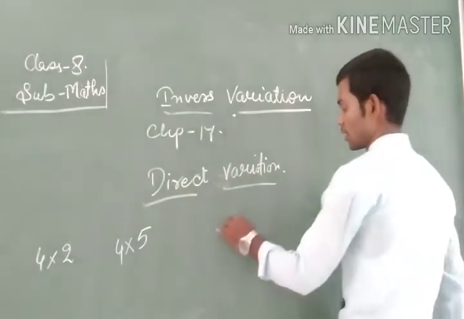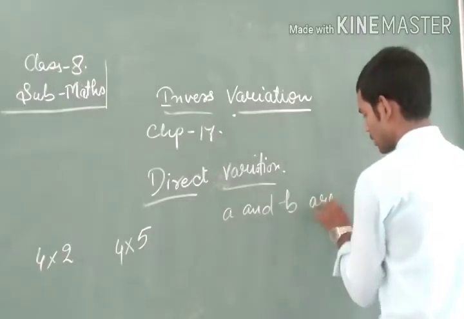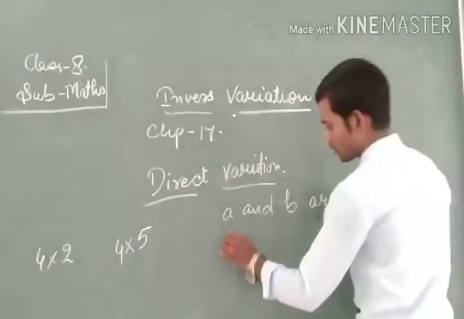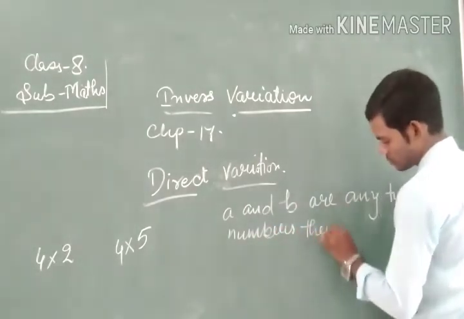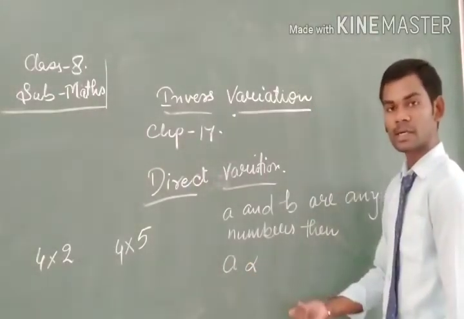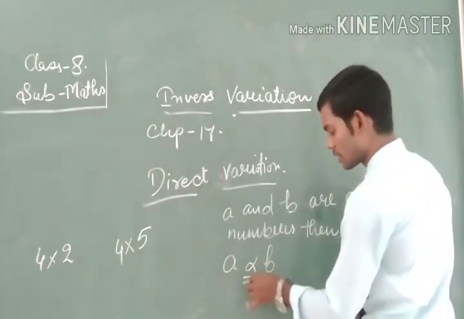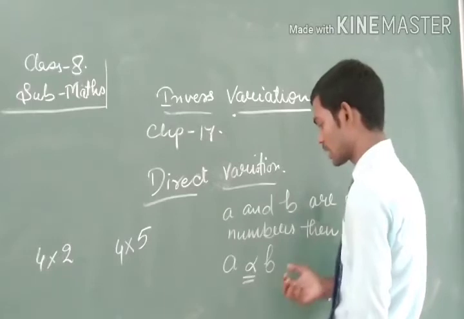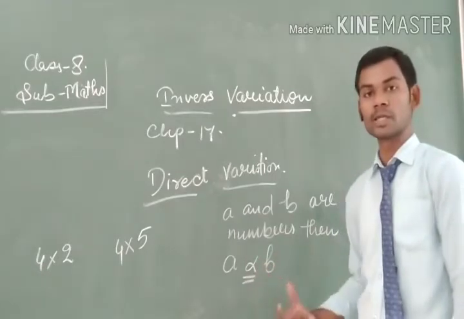So here we write, if A and B are any two numbers, then we write A is directly proportional to B. This sign represents proportional, and the meaning of proportional is that the two numbers A and B correspond to each other.